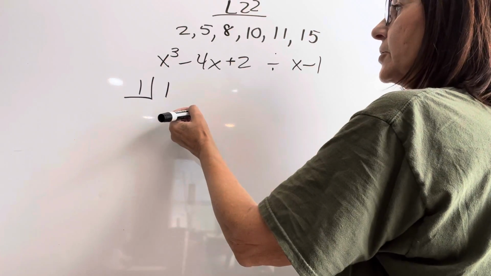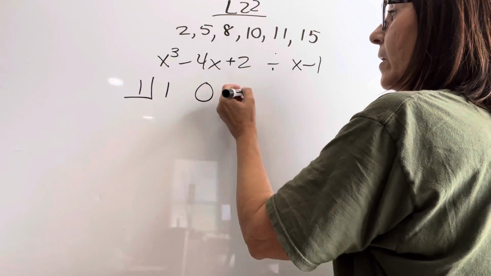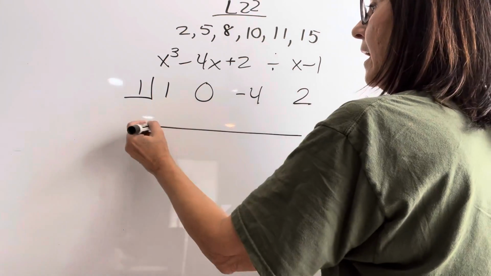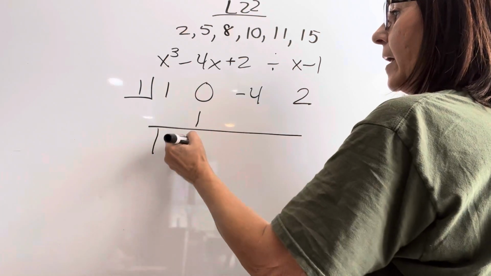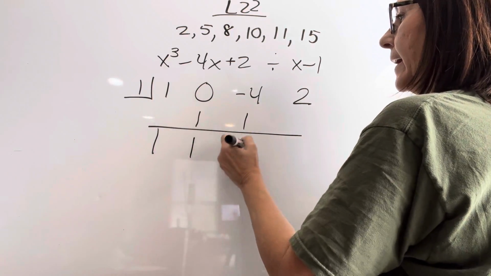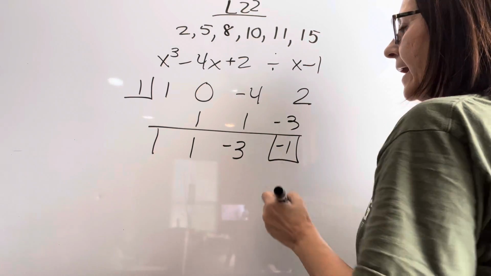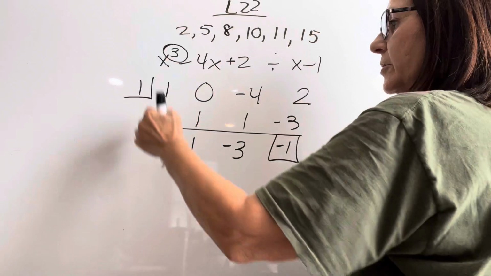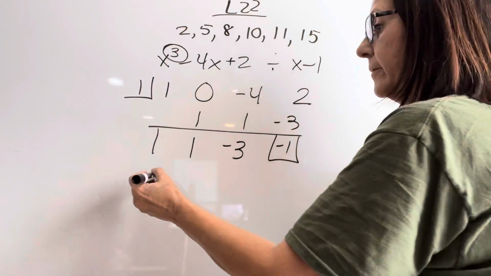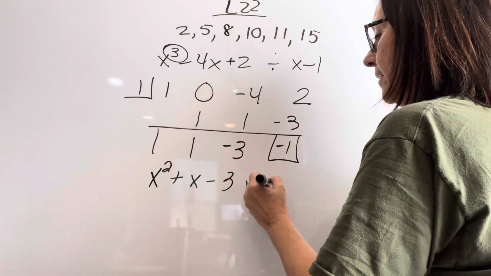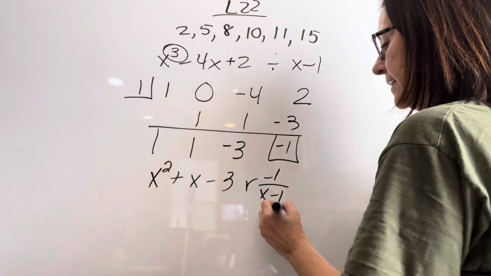There's my x cubed, there's my x squared, there's my x, and my constant. I bring down, I multiply, add, multiply, add, multiply, add, because I start with an x cubed. This is the coefficient for x squared. So it's x squared plus x minus 3, remainder of -1 over x minus 1.